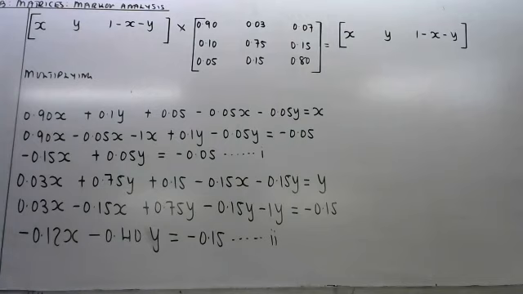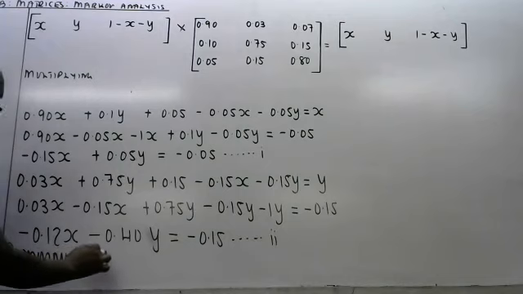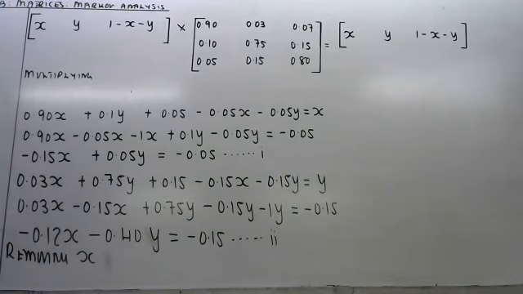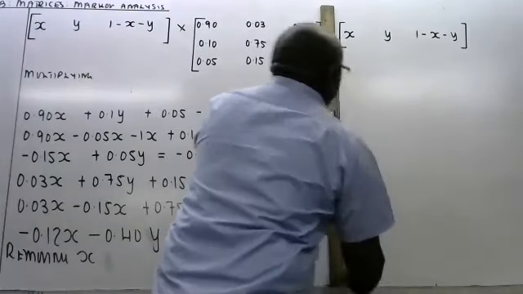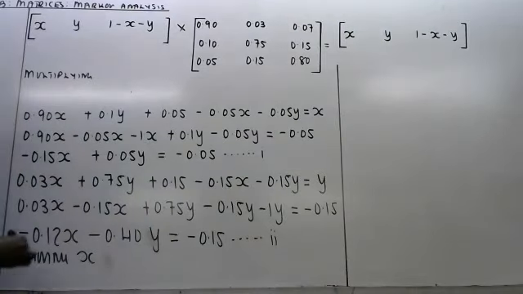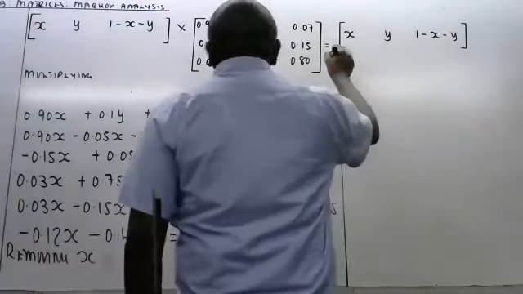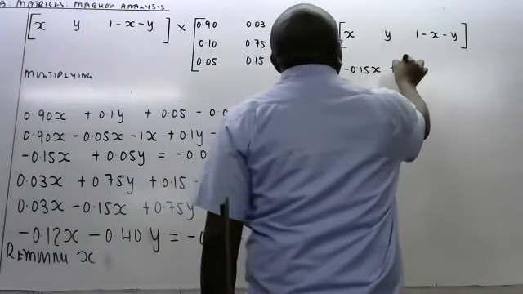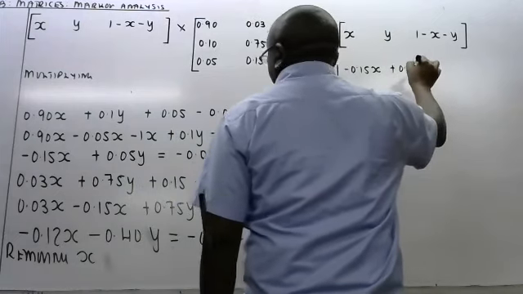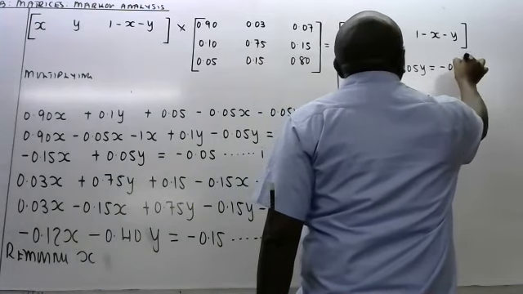Then I will say, removing x. If I want to remove x, what I will need to do is to come here and say minus 0.15x plus 0.05y is equal to minus 0.05.